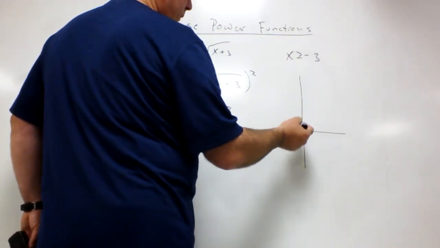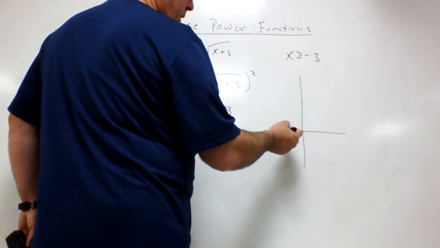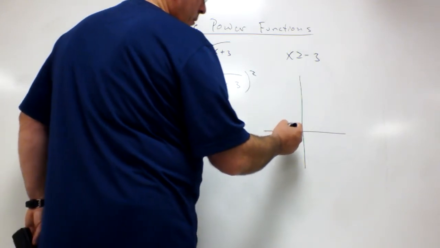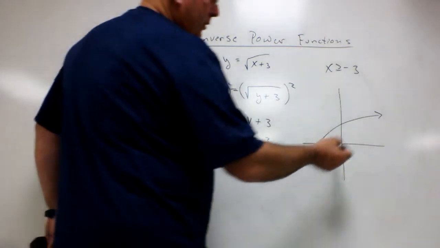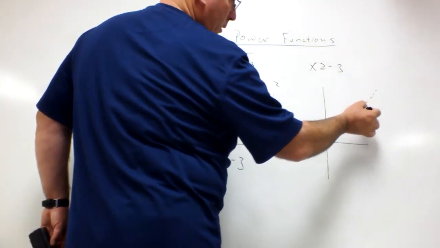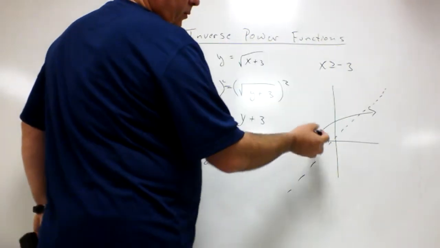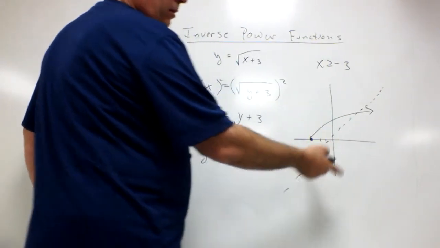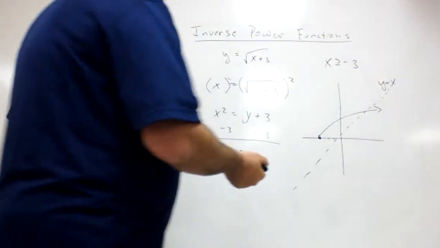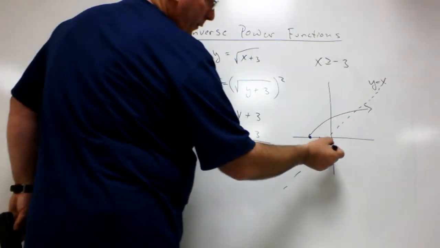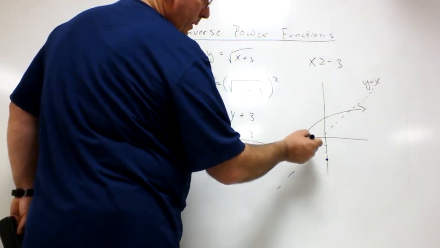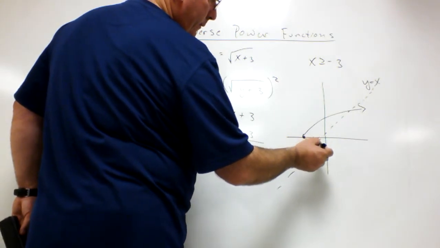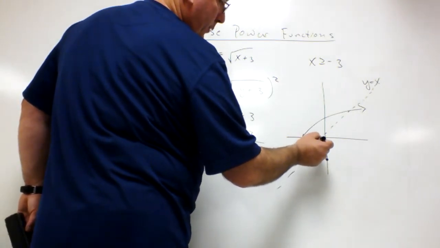So if we go to x greater than or equal to negative 3, we're going to start here, and our graph is going to look something like this. Well, with an inverse function, what we're really doing is reflecting these graphs over the line y equals x. So we want our graph to start perfectly opposite it, right? At a right angle to this line, for it to be the inverse graph.